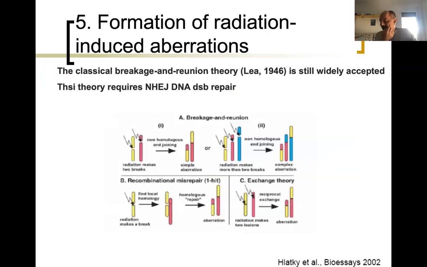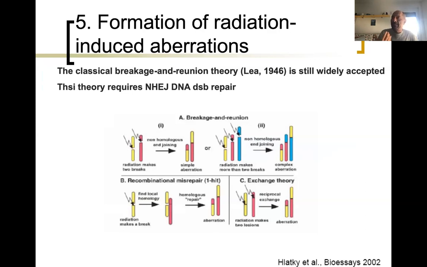Now, I already explained to you essentially how you form the chromosomal aberrations following the classical theory, the so-called breakage and reunion theory. The breakage and reunion theory was introduced by Douglas Lea in 1946 and is still widely accepted. Essentially, it's been refined.